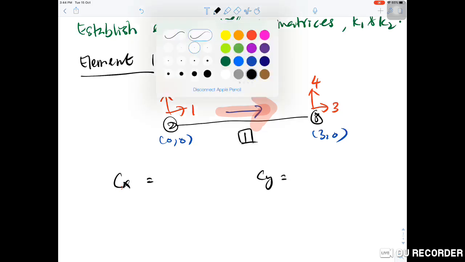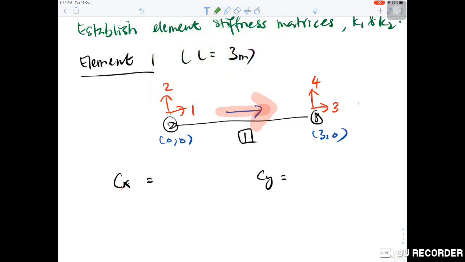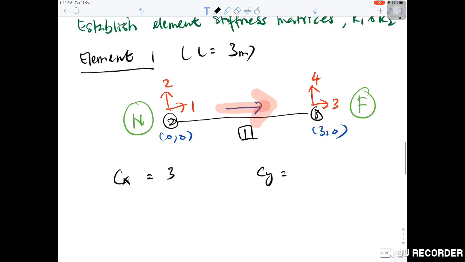So from this we know that this is the far end, this is the near end. So far minus near: far x is 3, near x is 0, and this is divided by the length 3 meter, so it is equal to 1. For Cy, it is far y 0 minus near y 0, divided by L which is 3, so this is equal to 0.